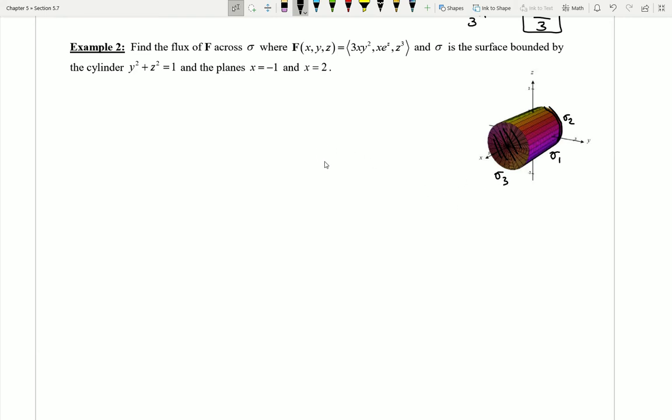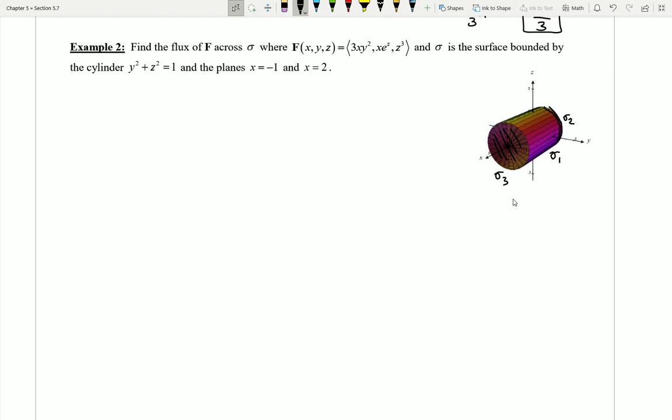Now, if I wanted to find the flux across that, that's totally fine, but notice I'd have to find the flux across sigma 1, then sigma 2, and then sigma 3. Note that this is just like what we saw with the cylinder back in section 5.5 when we introduced the idea of a surface integral. If I have multiple surfaces that build one big surface, I can tackle surface integrals by doing each piece one at a time.